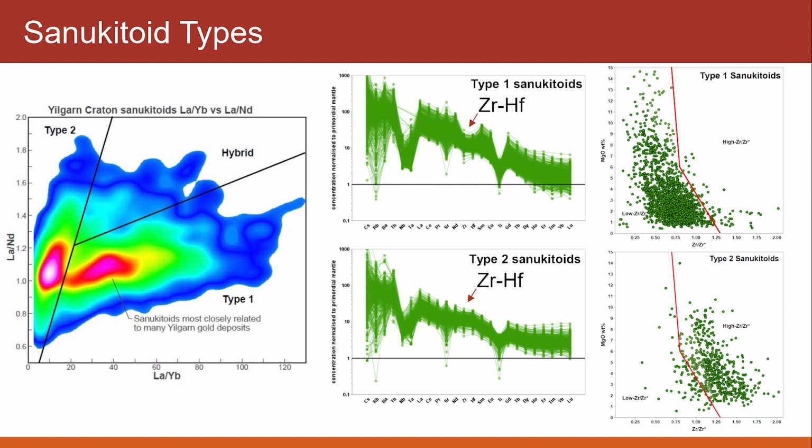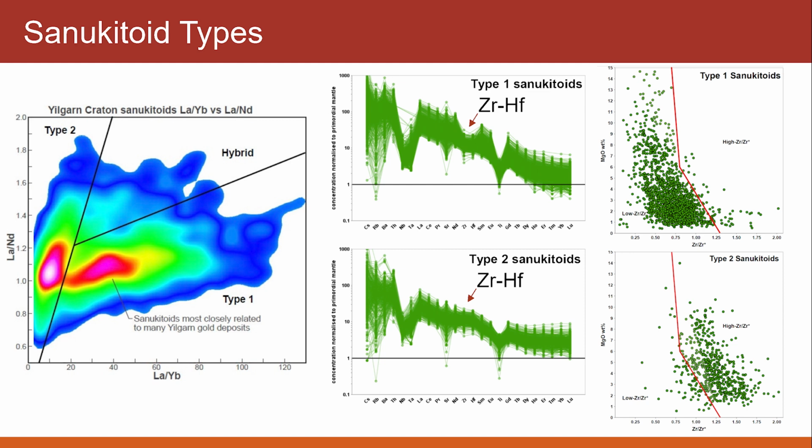concentrations. You can see the type 1 sanukitoids at the top there have got much steeper trace element patterns than the type 2 sanukitoids. And the other very clear distinguishing feature is their zirconium-hafnium anomalies. So the type 1 sanukitoids have got much lower zirconium anomalies than the type 2 sanukitoids, which have more mantle-like zirconium and hafnium compared to similarly incompatible rare earth elements.